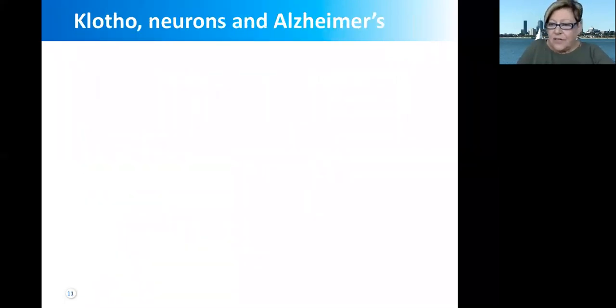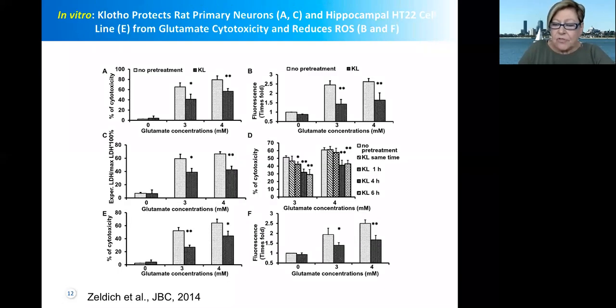So I will start with the neurons. We wanted to know if we add Klotho to primary neurons, what happens to them? Can Klotho rescue them from a variety of insults? As the first insult, we took glutamate, and we isolated primary hippocampal neurons from rat or from mouse.